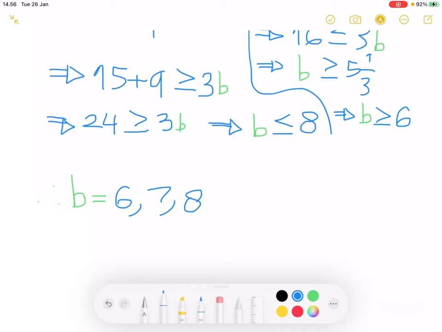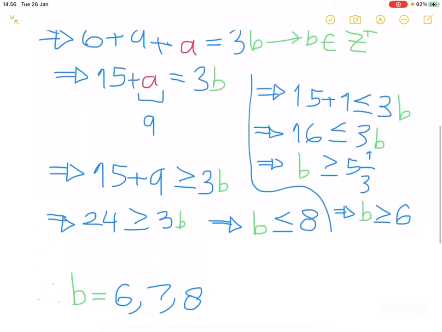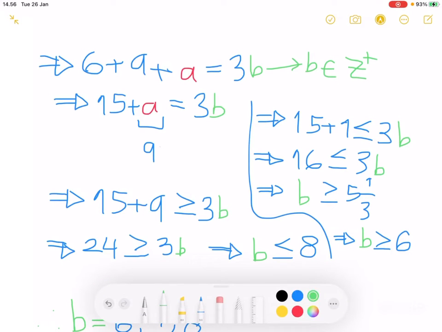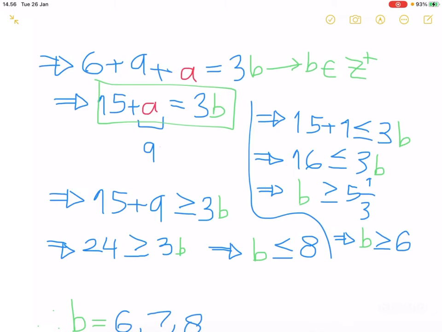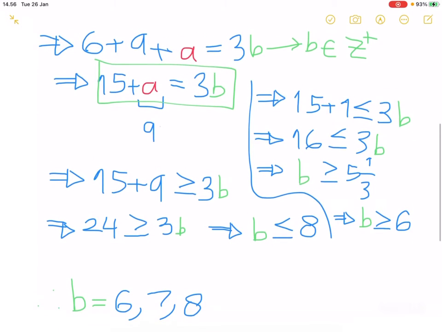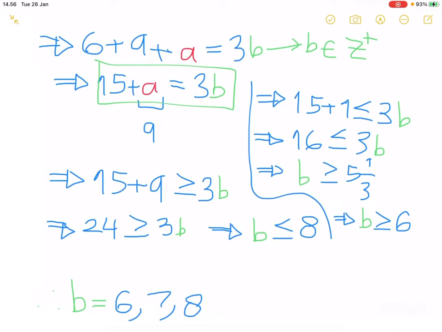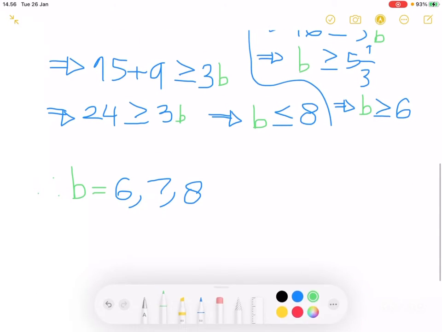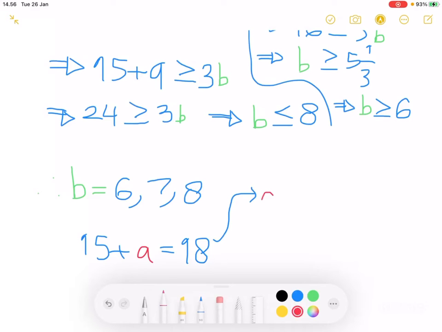So let's just test things out by plugging into this equation right here. If we substitute b equals 6, we get 15 plus a equals 3 times 6, which is 18 on the right hand side. And from this we get our first a value, which is 3.